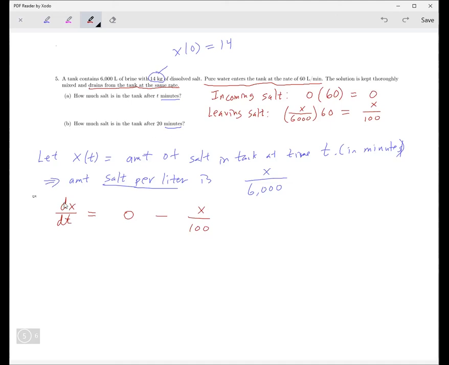So the change in salt per time is incoming minus outgoing. This amount coming in, this amount's leaving. So dx/dt is negative x over 100.